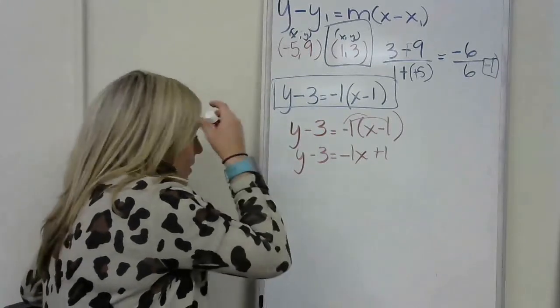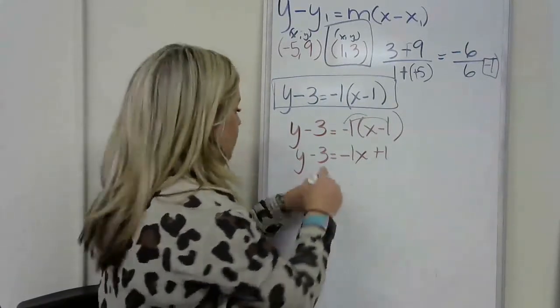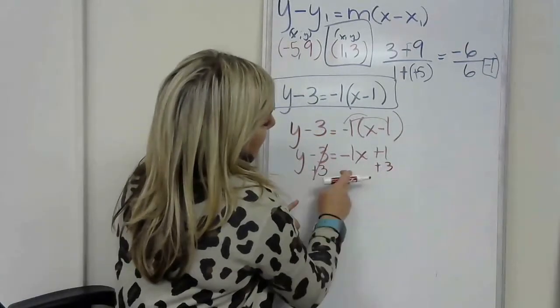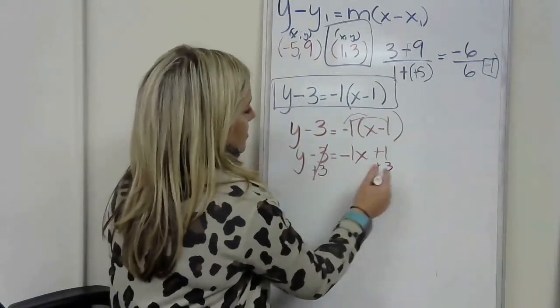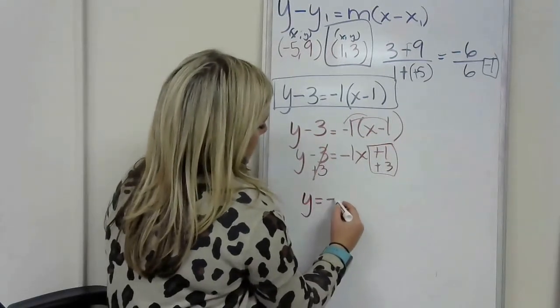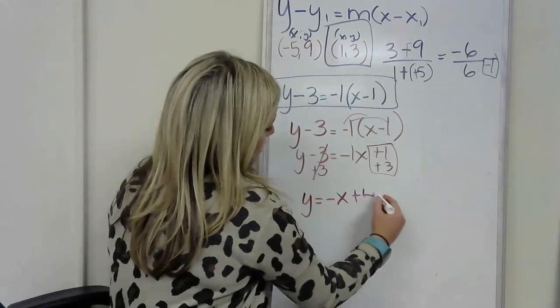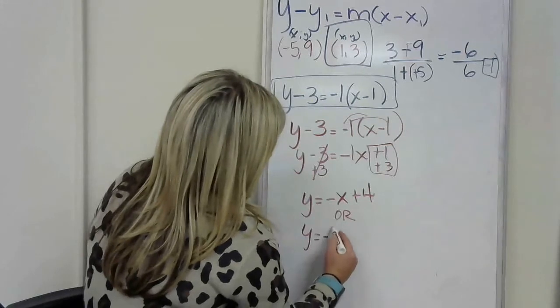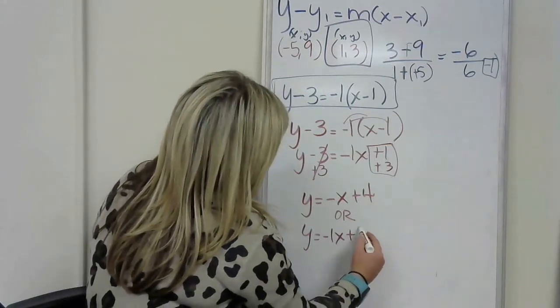And the only way to get rid of it is to add 3 to undo it. So plus 3 here. And then plus 3 over here. I cannot add it to this x because it has an x on it. And that's 4. So now we have y equals negative x plus 4. Or you can do y equals negative 1x plus 4.